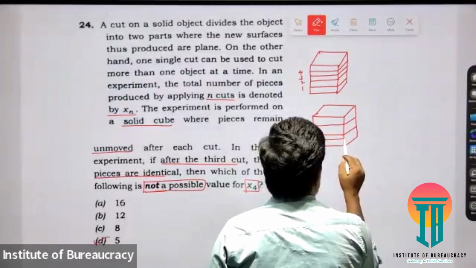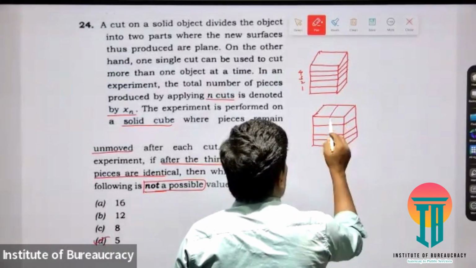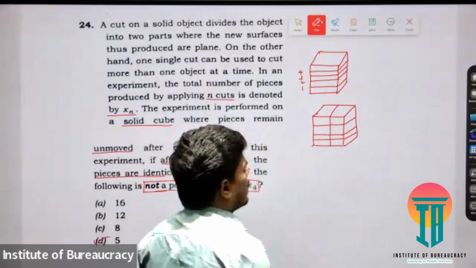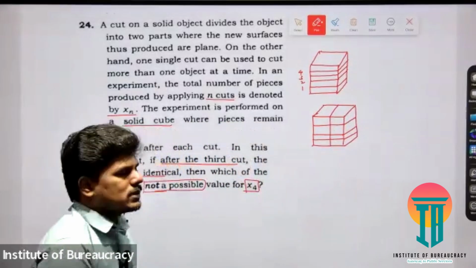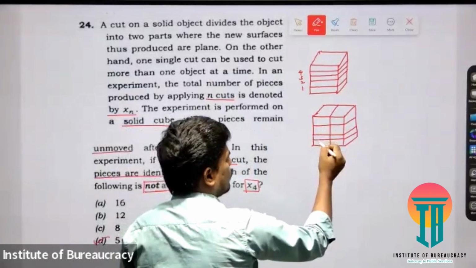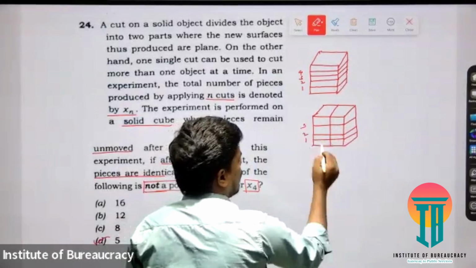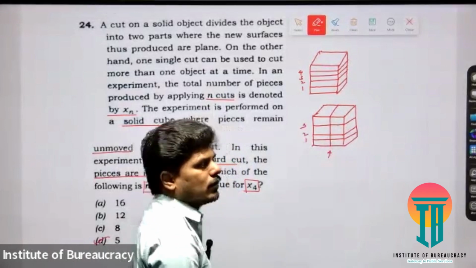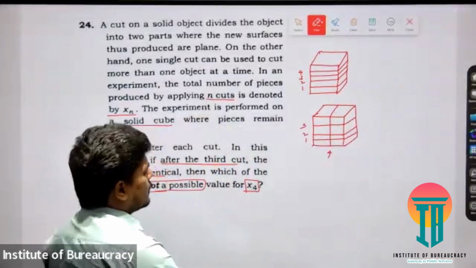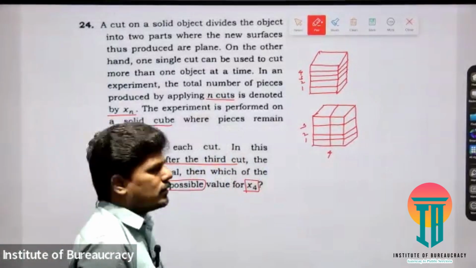I make the third cut also here, 3 cuts. The fourth cut I do here. All are identical. If I do like this, I'll be having in each one 1, 2, 3, 4, 1, 2, 3, 4. So total cuts 1, 2, 3, 4 cuts I have done. So here 8 identical pieces have come. Therefore, this is also possible.